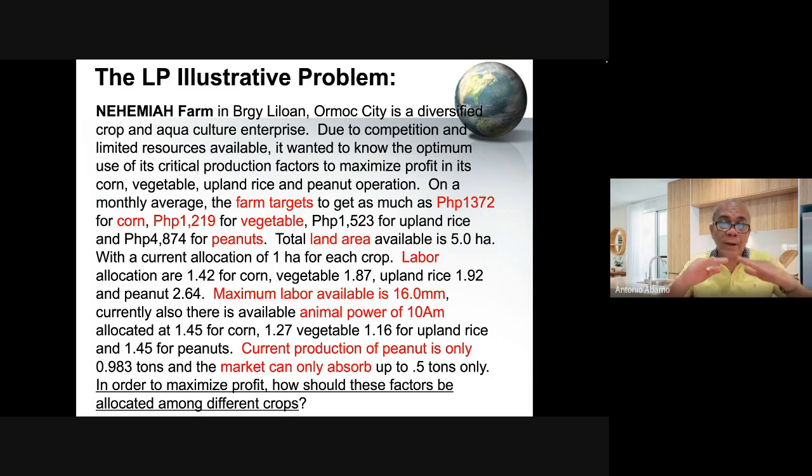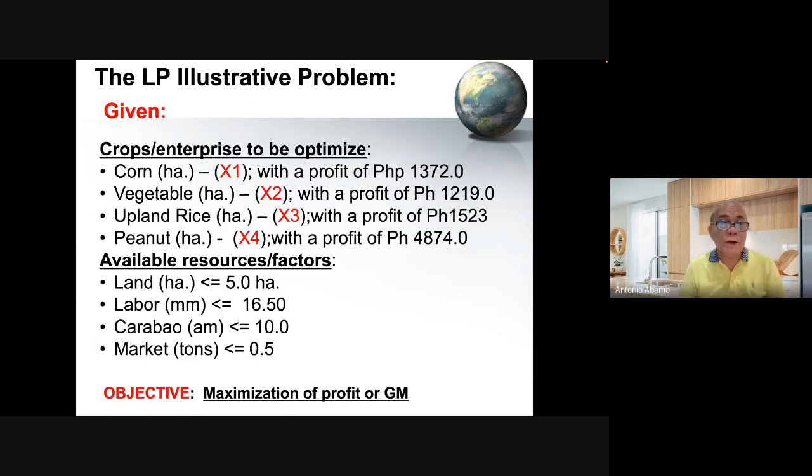So, let's break down the given. First, the crop enterprise to be optimized. You have corn, vegetable, upland rice, peanut. So corn, we assume X1, X2 for vegetable, X3 for peanuts, with corresponding gross margin, or gross profit.